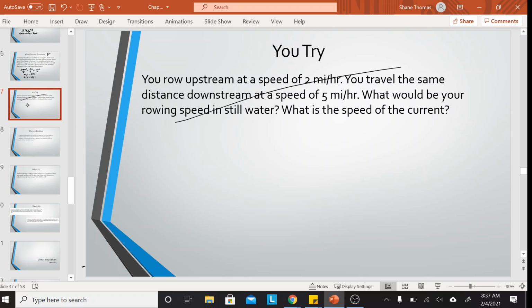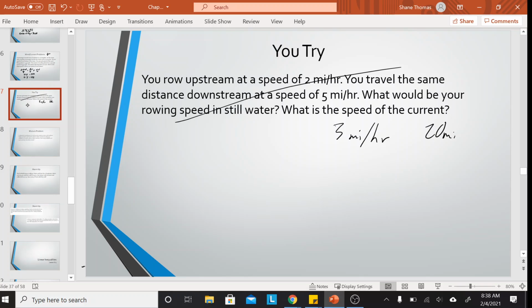All right, current in the river is 2 miles per hour. Let's get 3 miles per hour. And you're paddling 20 miles, 20 miles up, 20 miles down. Okay?